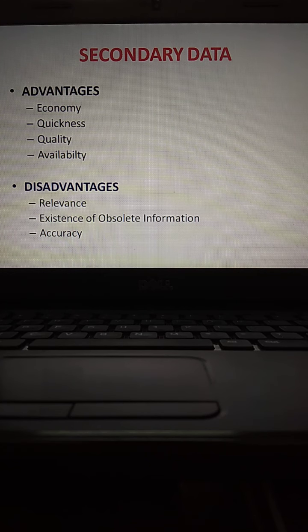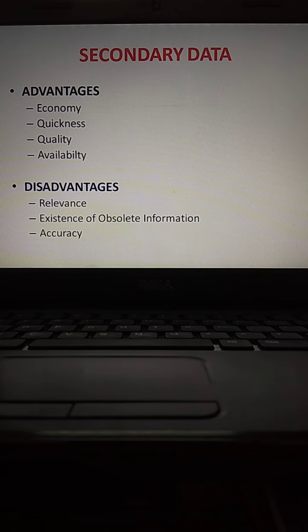So these are the advantages and disadvantages of the secondary data. Advantages are economy, quickness, quality and availability. As far as economy is concerned, it is more advantageous and cheaper, because here you need not apply specially skilled or specially trained persons, or sophisticated statistical tools.